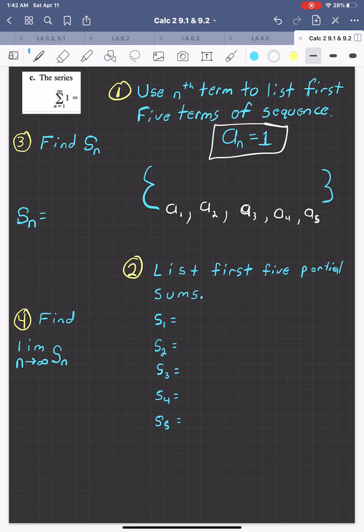Do you see how there's nothing to plug in, nothing to substitute into? So a sub 1 is 1, a sub 2 is 1, a sub 3 is 1, a sub 4 is 1. Now, if you start looking at your partial sums, well, 1 plus 1 is 2, 1 plus 1 plus 1 is 3, and so forth, right?